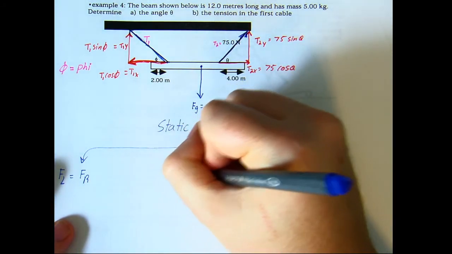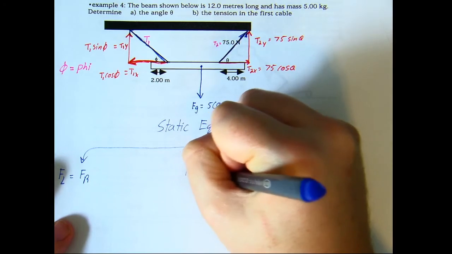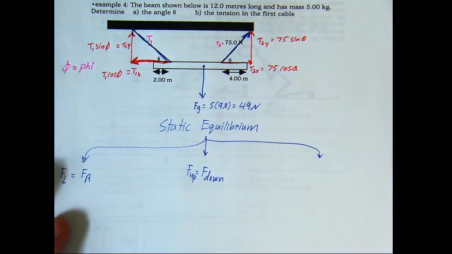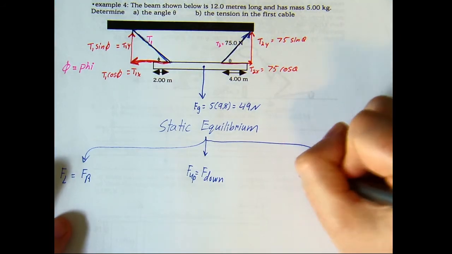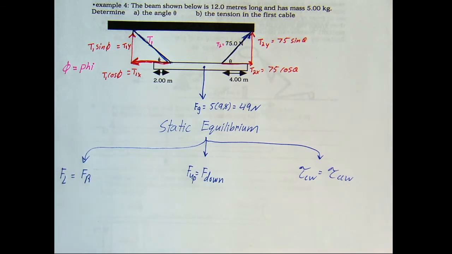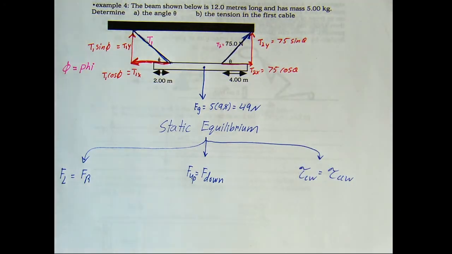My forces up are going to equal my forces down. They have to be balanced, otherwise this thing would be moving. And my torques clockwise have to equal my torques counterclockwise. And now what we've got to do is find the angle theta, and we want to find the tension in the first cable. So there's a lot we've got to do here.